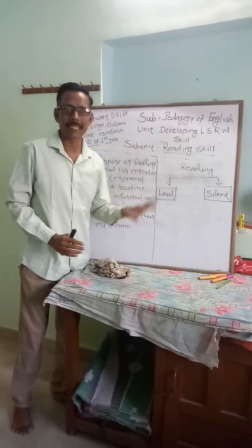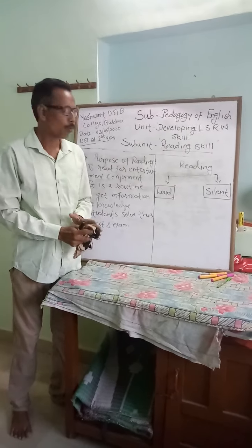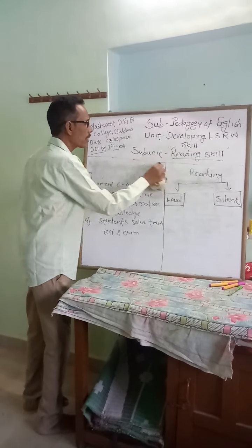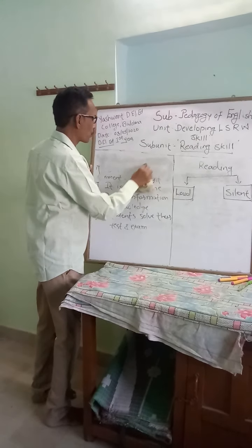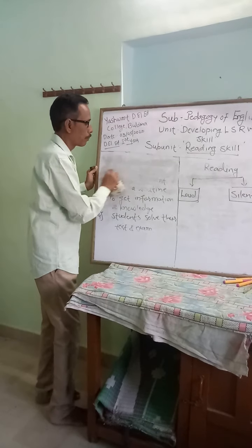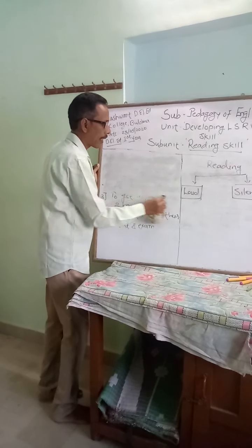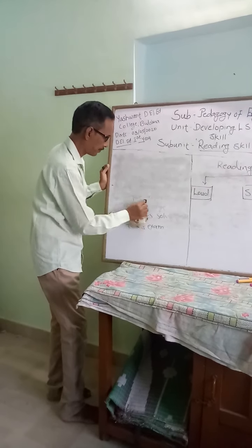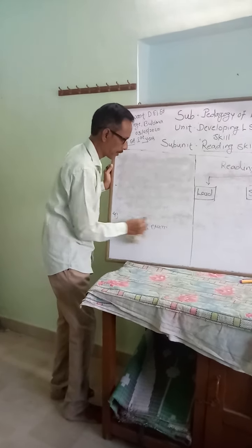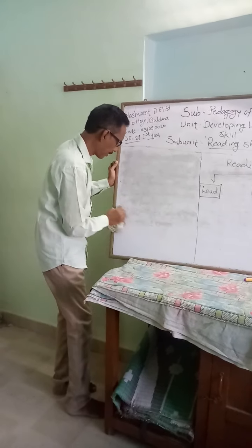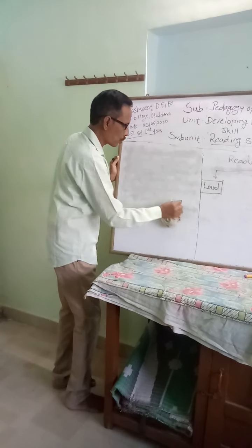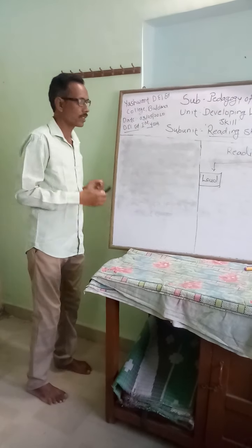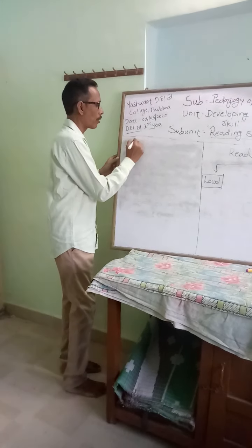Loud reading is also a process of reading a particular passage or paragraph audibly to others. To read a passage or paragraph audibly to others is called loud reading. So this is the simple definition of loud reading.